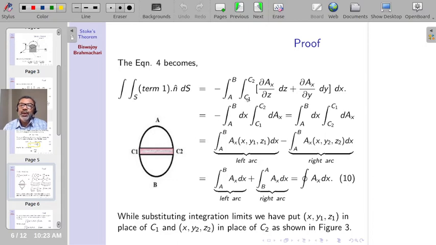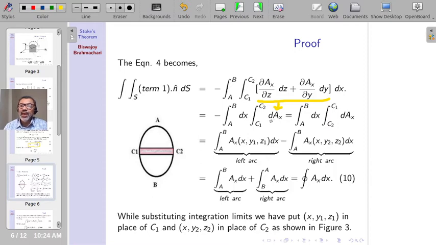So A to B, C1 to C2, and here within the square bracket we have the expression of term 1 dot n ds, which is partial derivative of x with respect to z dz plus partial derivative of x with respect to y dy, times dx. We notice that this is nothing but the total change dAx.